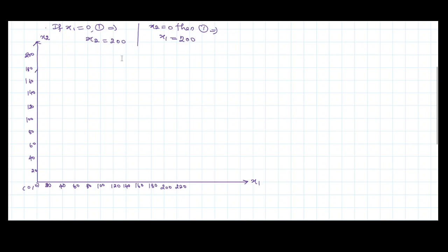Let us first find the region covered by line 1, which passes through 0, 200 and 200, 0.